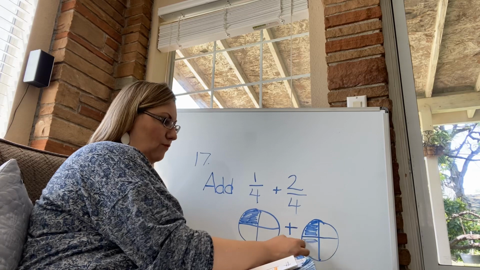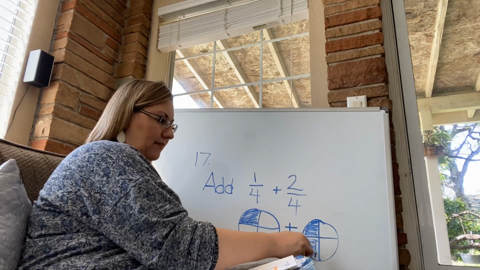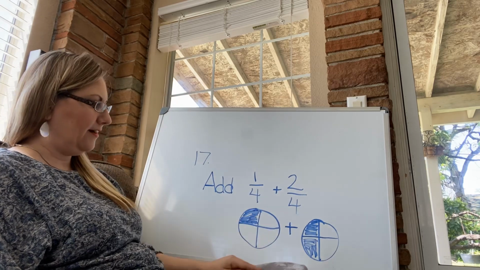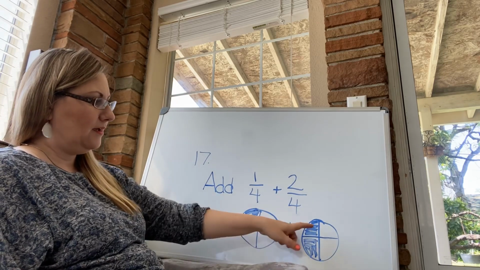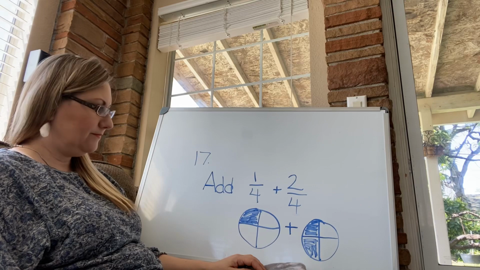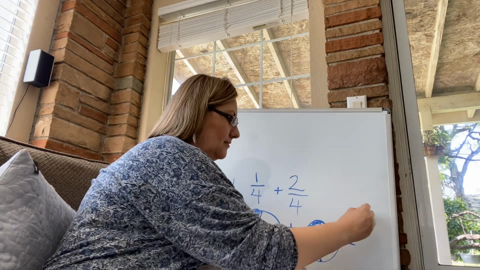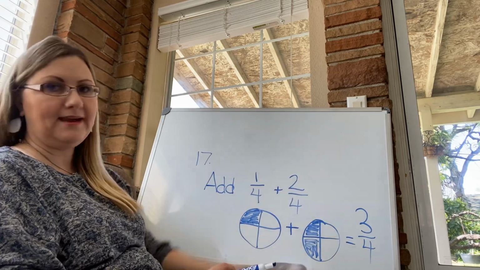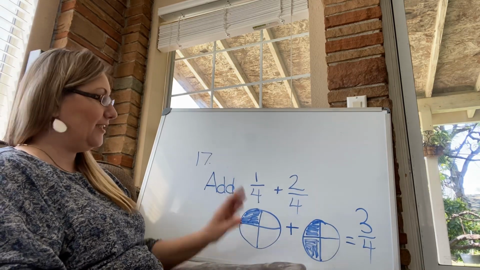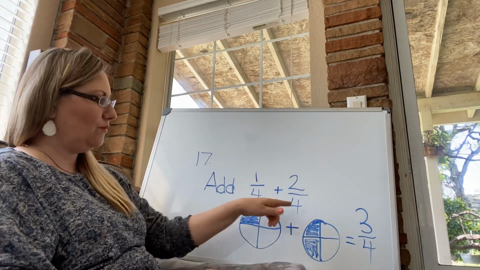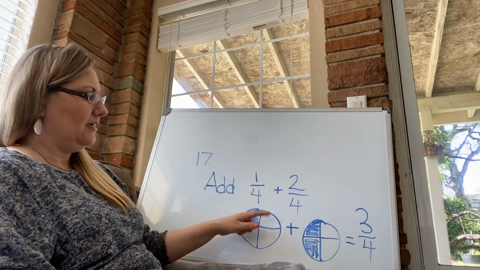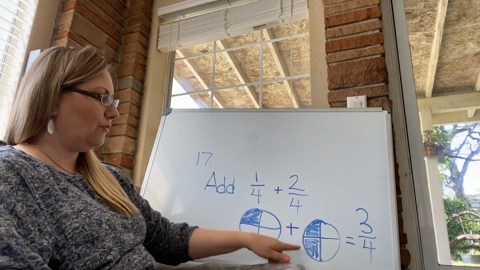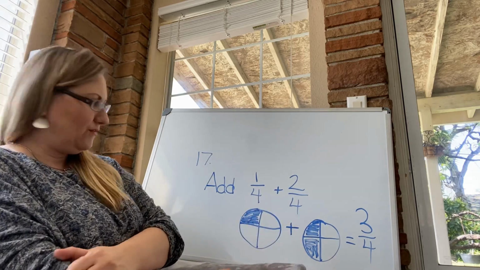And here we have 1, 2 of that fourth. And the question is, how many fourths are there? 1/4 here, 2 more fourths there. You can see that this is 3/4. Just like if you were just to add the top numbers. Remember, you can't just add the top numbers if the equal parts are different. But since it's the same number of equal parts, you can just add 1, 2, 3, 3/4.